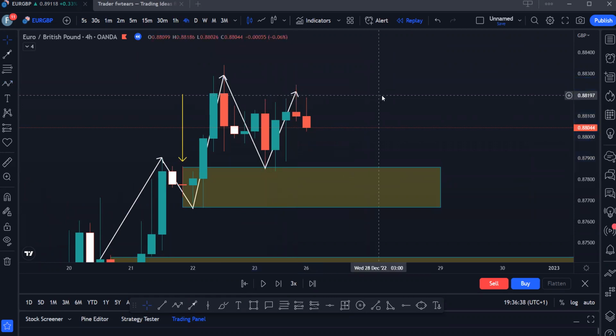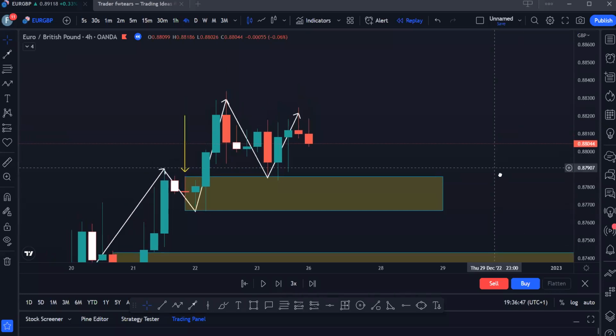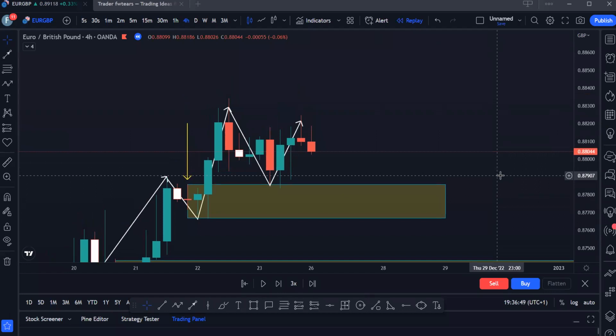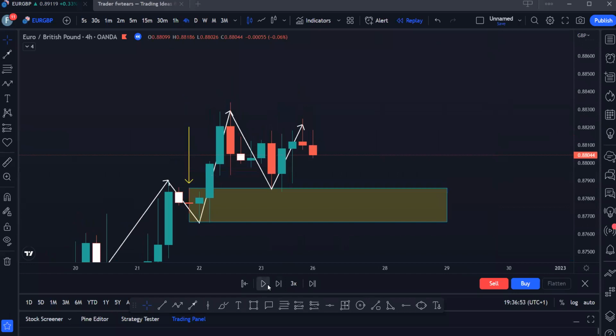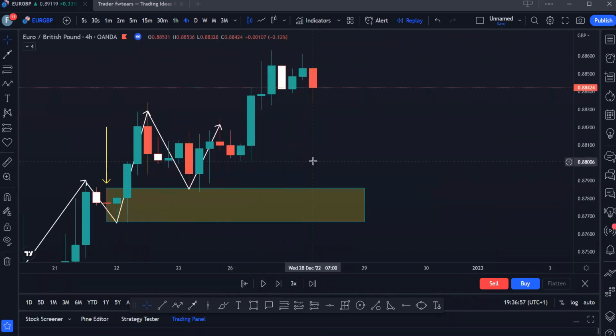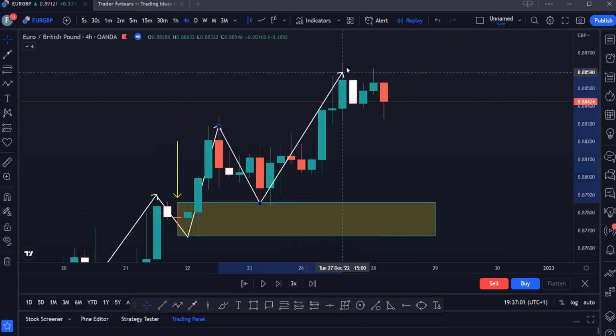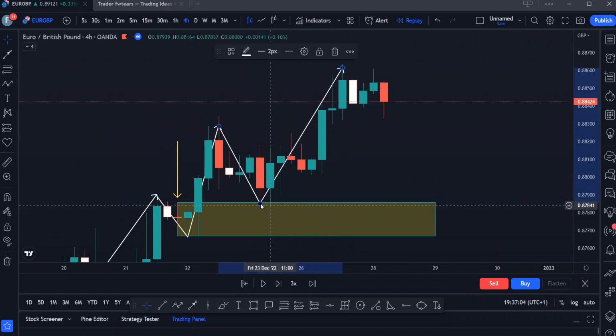Now I'm just showing you this at random to let you know that what you've learned so far works, and it works for life. Okay, let's play it forward. You can see what price did. Price picked up from this support. So if you had entered here, you would have been in massive profit.